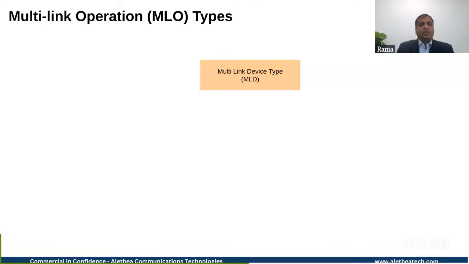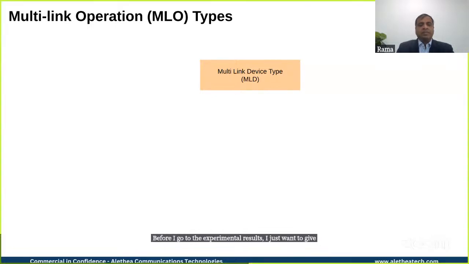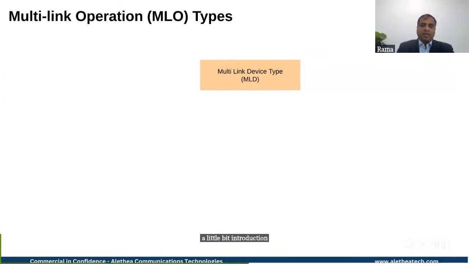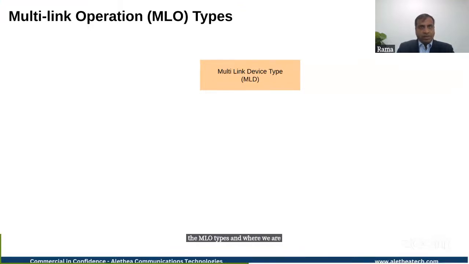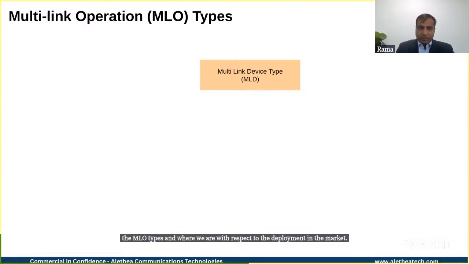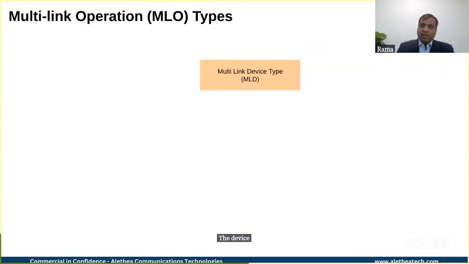Before I go to the experimental results, I just want to give a little bit of introduction on the MLO types and where we are with respect to the deployment in the market. So I hope everybody knows that the device that supports MLO is called a multi-link device, otherwise called MLD for short.